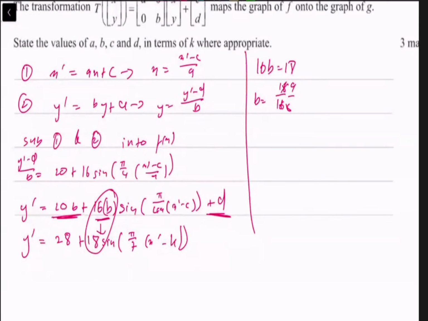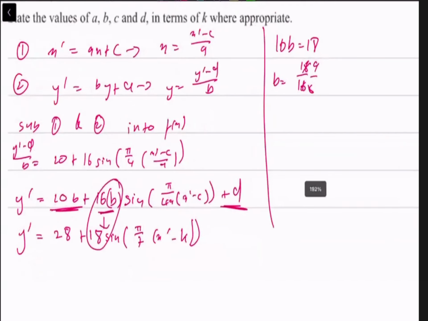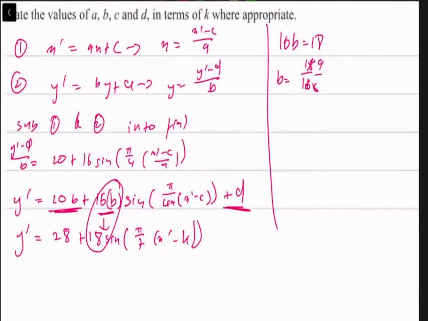And what we want is the other two. So we have 20b plus d, but we also have x minus c and pi on 7. Let me just check if I'm doing this correctly. It's basically just comparison right now.